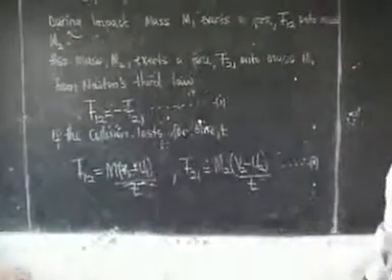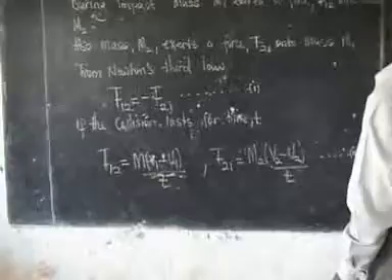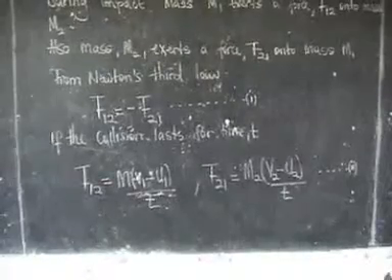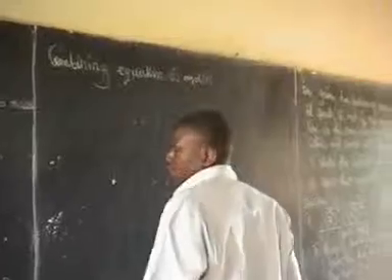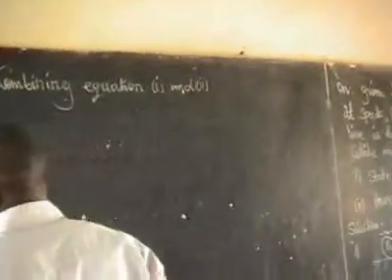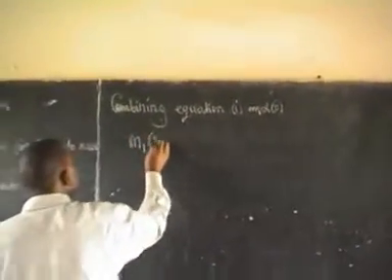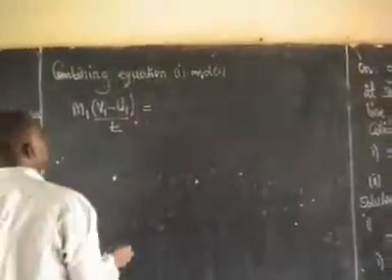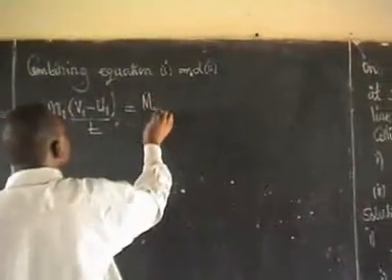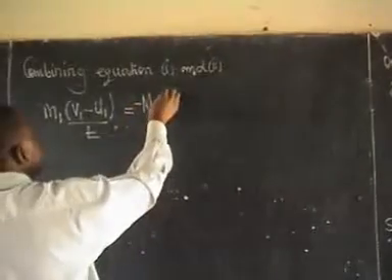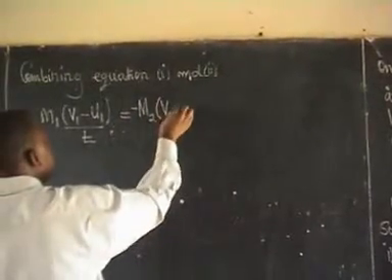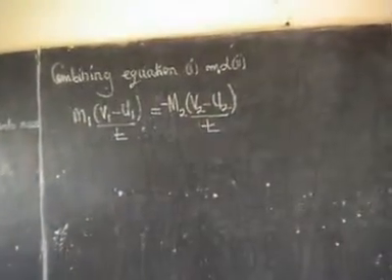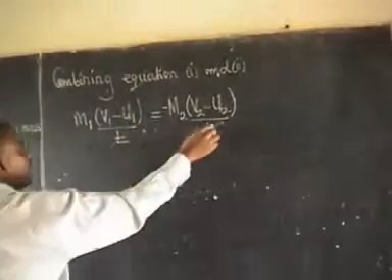Combining equation 1 and 2, we shall have M1 V1 minus U1 over T is equal to negative M2 V2 minus U2 over T. Since T is the same, it will cancel.